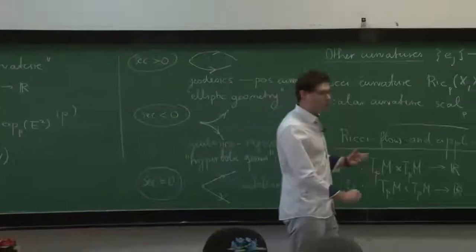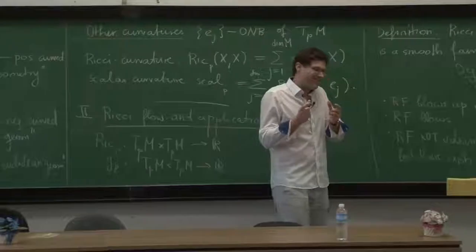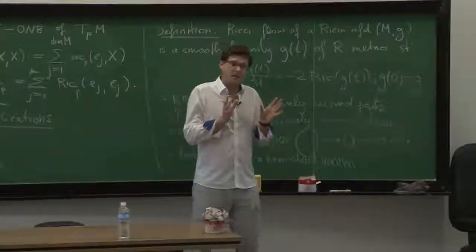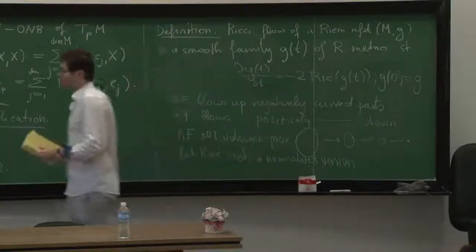This flow is actually designed to do one thing: to make a metric nicer. The best thing possible would be if that metric would be Einstein.